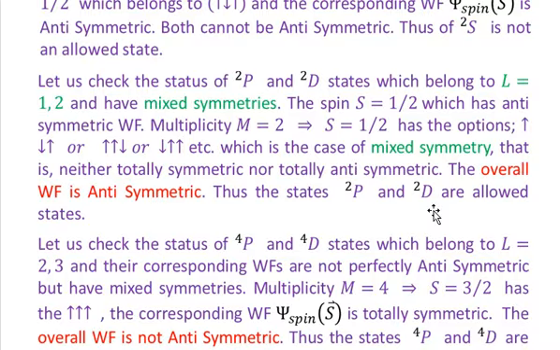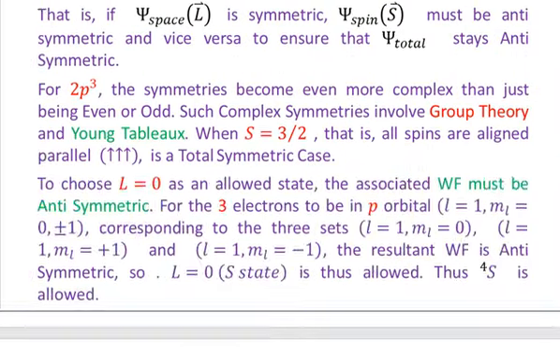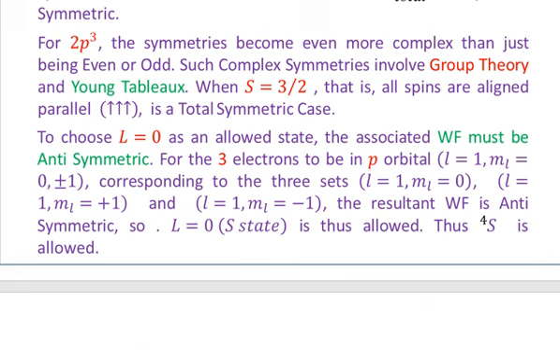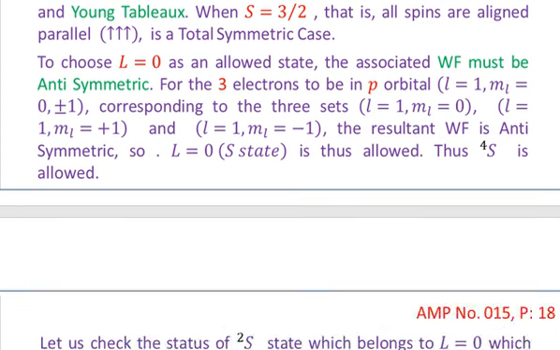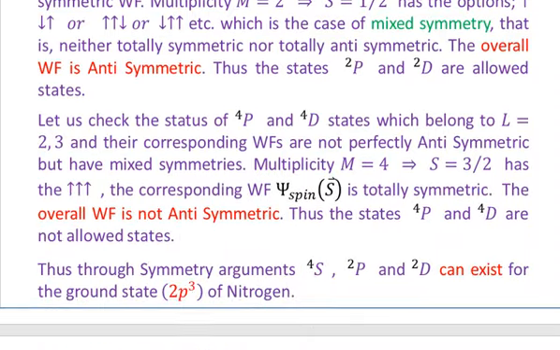You can also check yourself why the P state and D state have mixed symmetries in the same fashion. I have checked the L equal to 0 state while writing its states of quantum numbers, which will also be explained later.